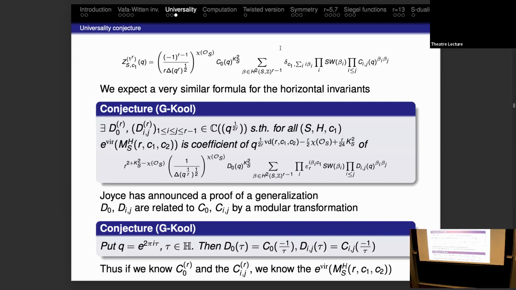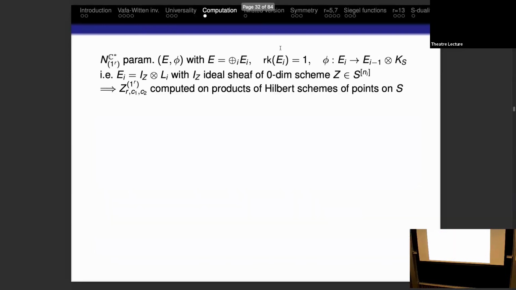And in fact, if we know these functions C0 and Cij, then we also know, for instance, the virtual Euler number of the moduli spaces. And if the rank is prime, then we know the whole Vafa-Witten generating function, if we believe in the conjectures of Vafa-Witten.